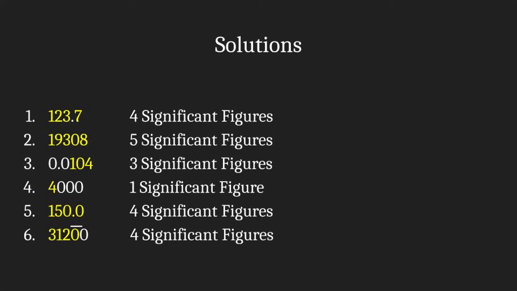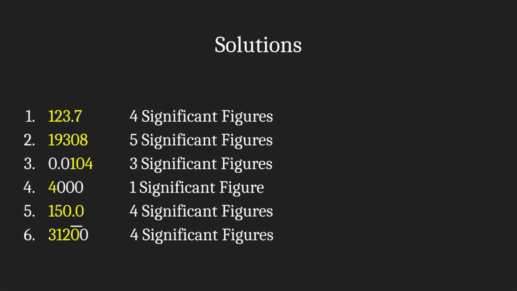In question 1, all numbers are non-zero, so they'll be significant. So there are 4 significant figures. In question 2, everything's significant, so there are 5 significant figures. Remember that zeros between non-zero numbers count. In question 3, the first 2 zeros are leading zeros, so they do not count.